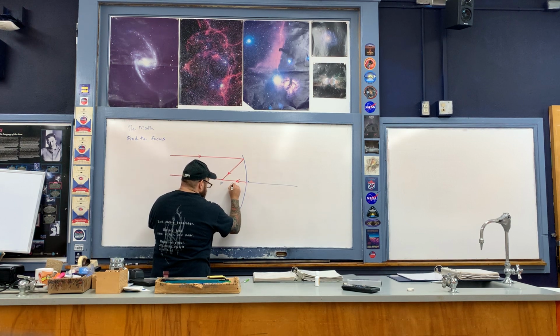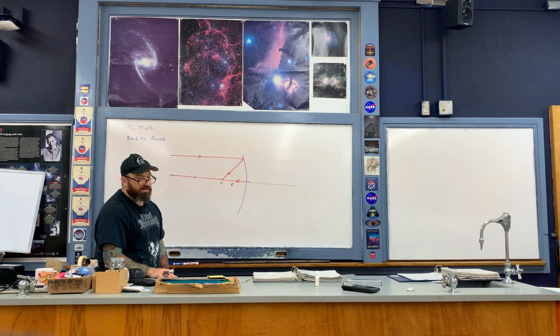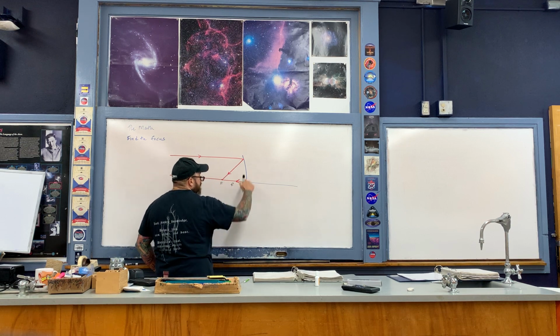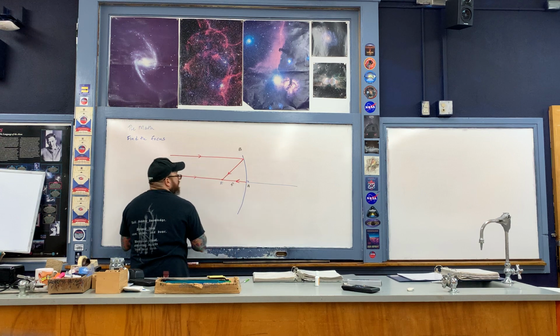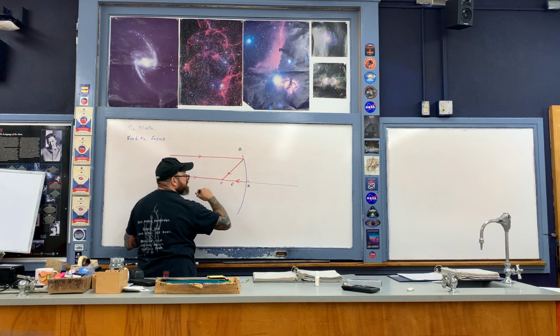What we're trying to do is find the relationship between the focal length and the geometry of the mirror itself. This point on the diagram is referred to as point A. This point right here is referred to as point B. Now right here at this location, let me go ahead and draw in the normal line, which is perpendicular to the mirror's surface at that location.